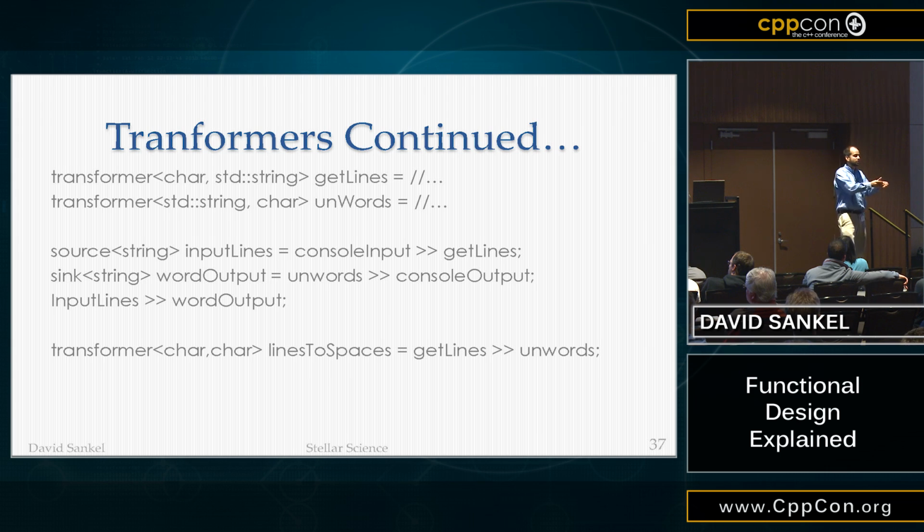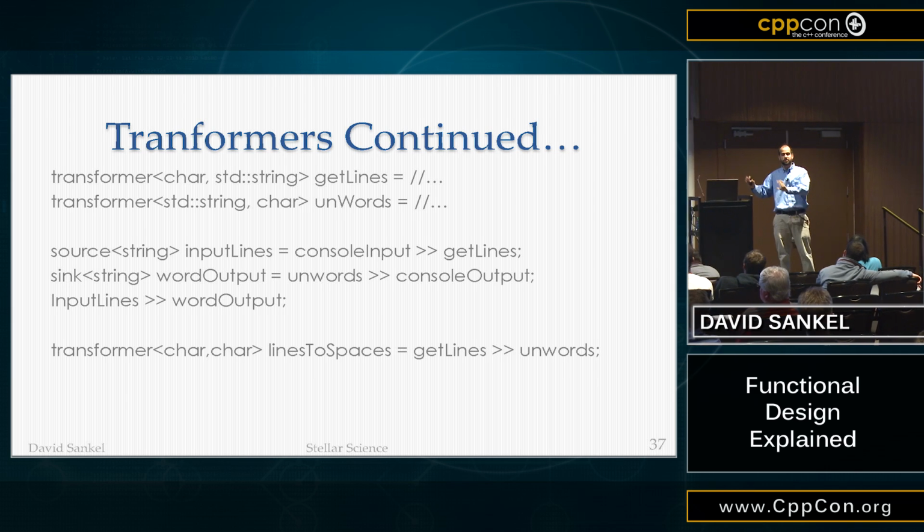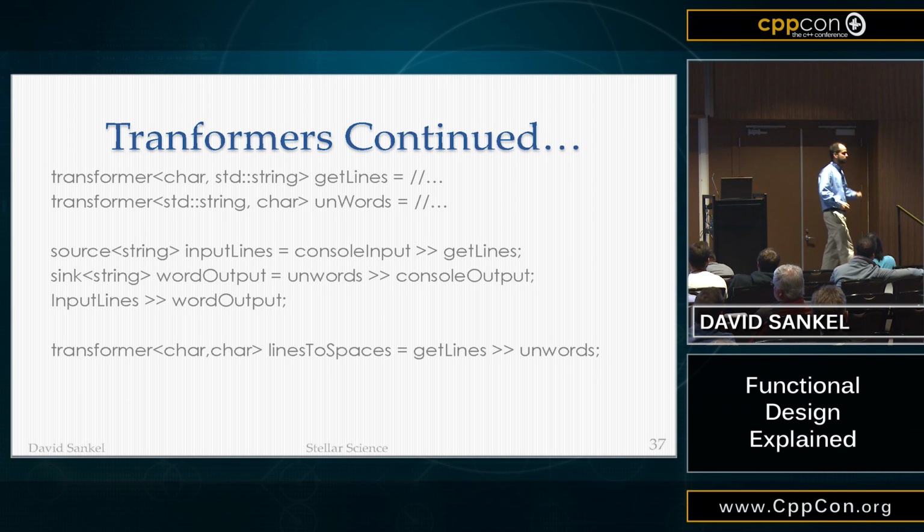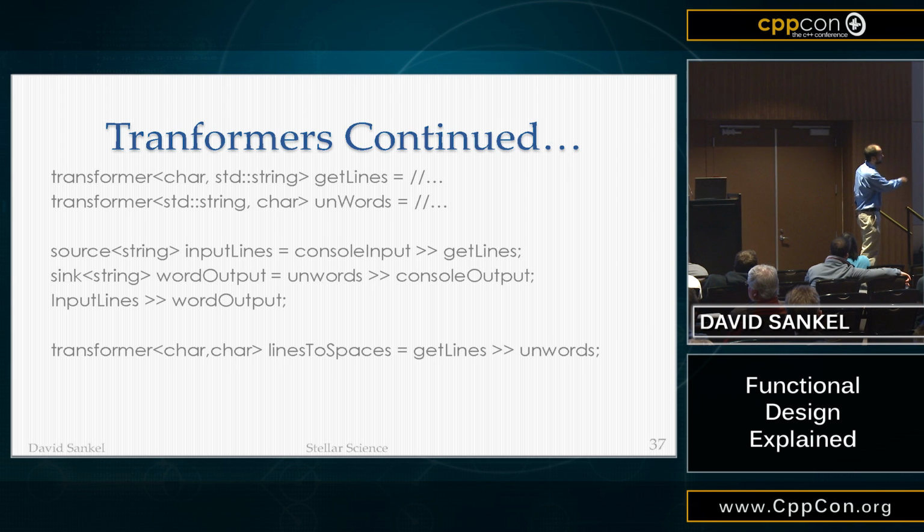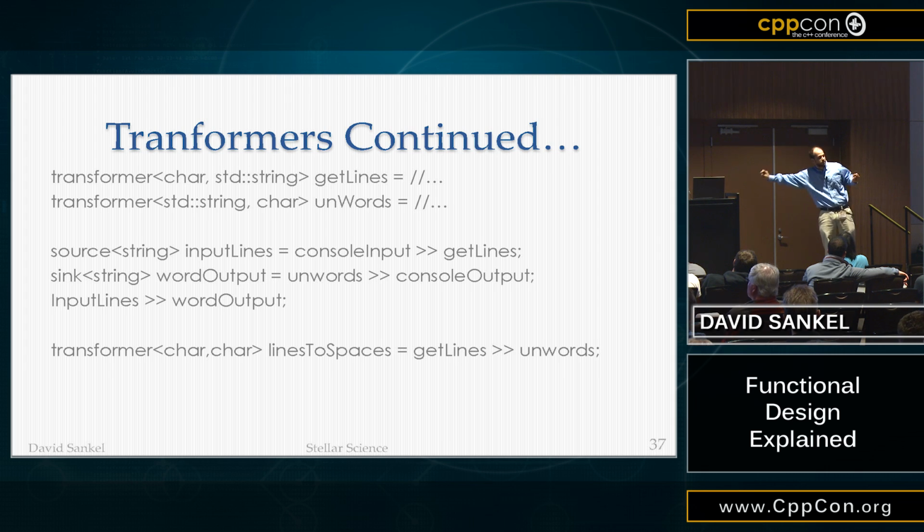It'll just take that char source and convert it into a bunch of strings representing the different lines that got read from whatever. Then we have unwords, and this will take a source of strings and convert it into a source of chars, and it'll just take each of those strings and make that source output the string and then a space and then the next string and then a space and then the next string and so on.